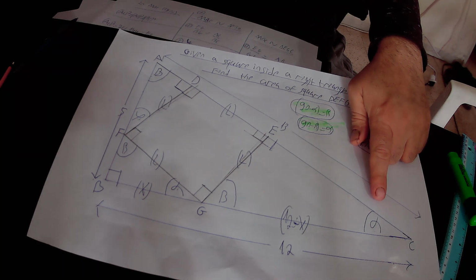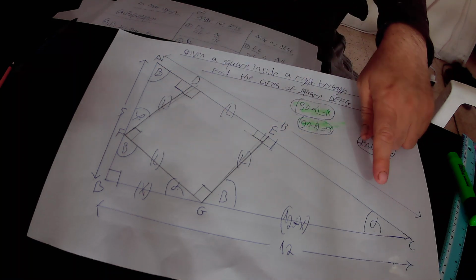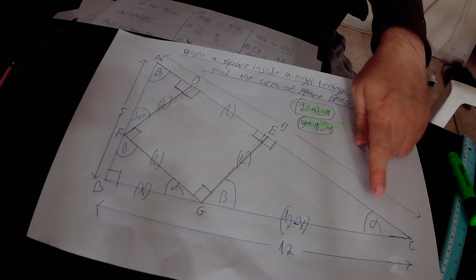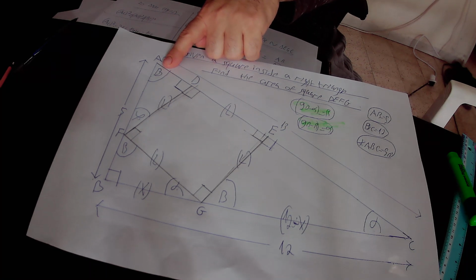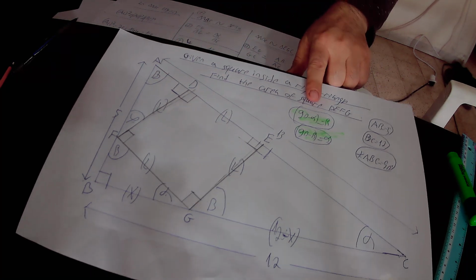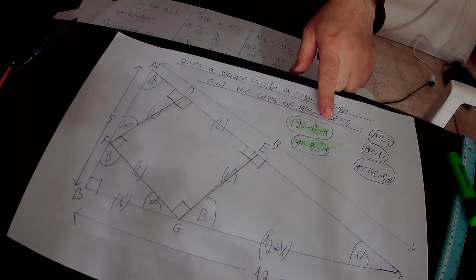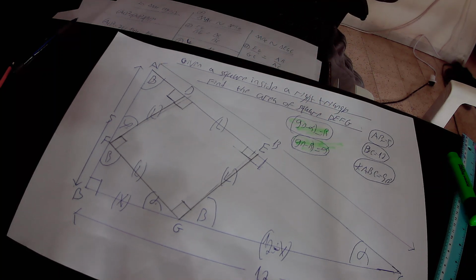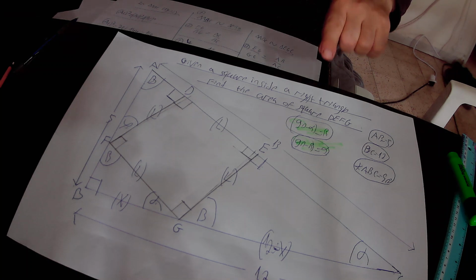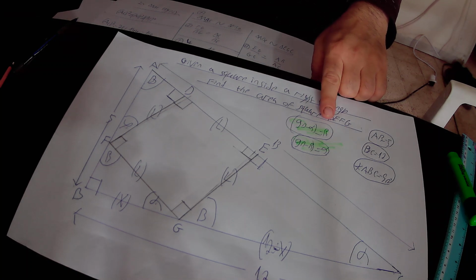So in the right big triangle ABC, this angle equals to alpha, this angle equals to 90 degrees. Therefore, the missing angle must be equal to 90 degrees minus alpha. We define 90 degrees minus alpha as beta, and therefore the missing angle here equals to beta. Okay? And here we have 90 degrees minus alpha equals to beta.